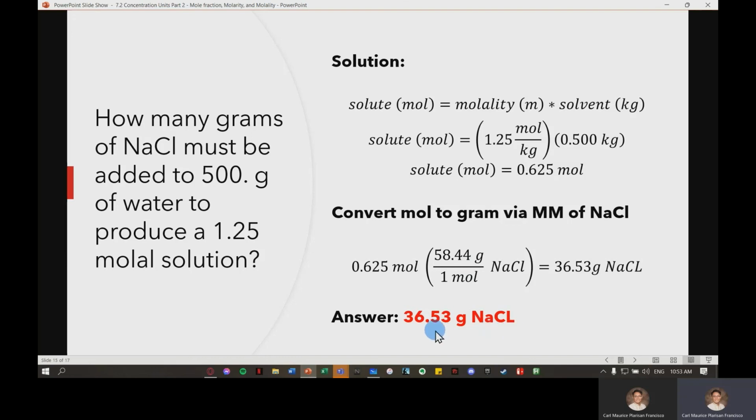Sorry about this, this is 36.5 in significant figures, and this is a typographical error. This should be sodium chloride: Na, capital N, lowercase a, capital C, and lowercase l. Okay, 36.5 grams of sodium chloride. That is how we solve for molality.